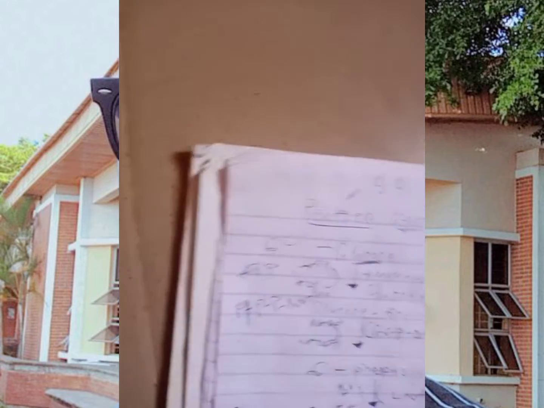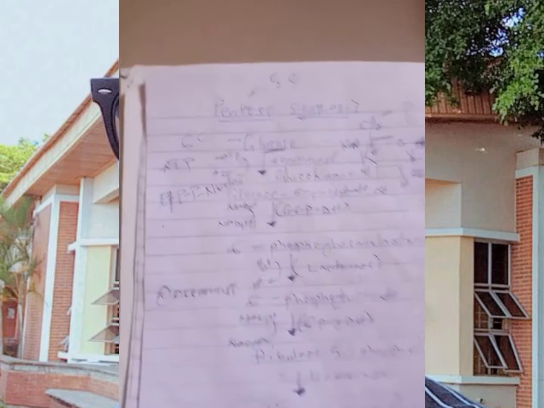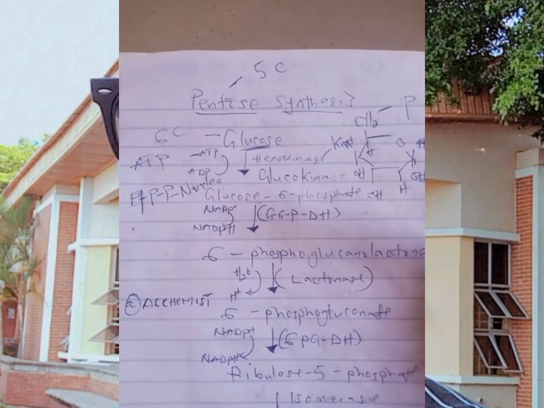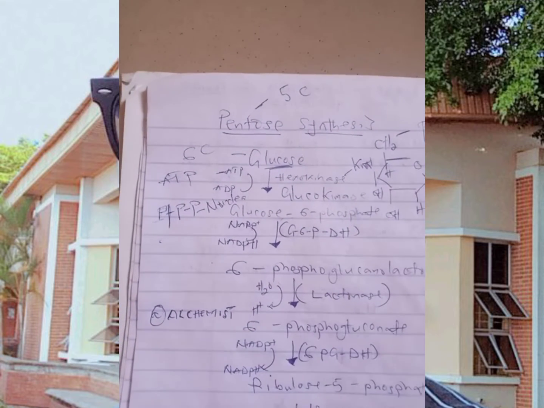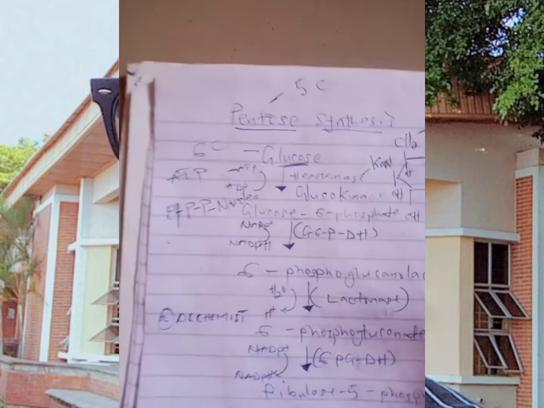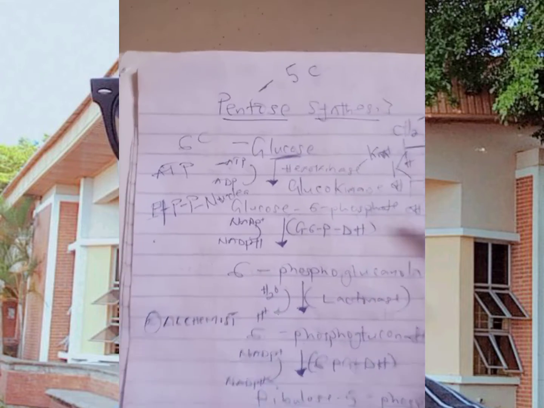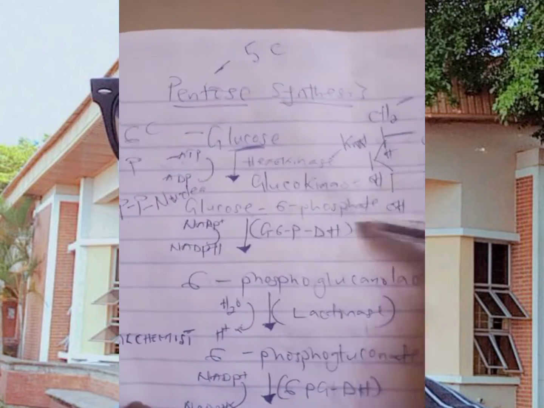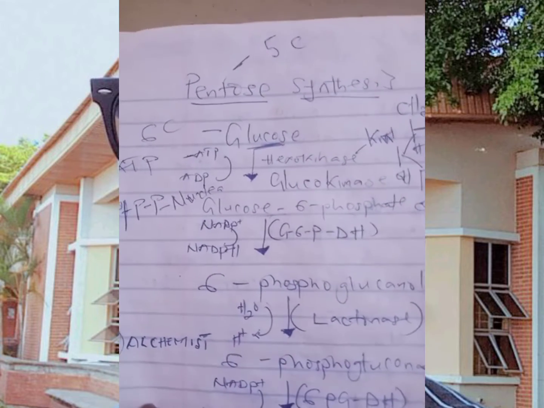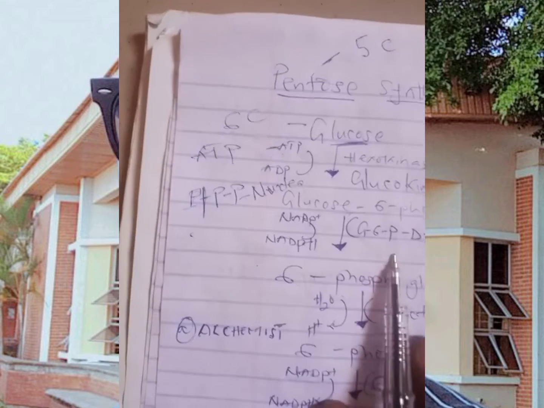Now having our glucose 6-phosphate, if we remember the pathway of glycolysis, after this process we have an enzyme that catalyzes the next step to give us fructose 6-phosphate, which is an isomer. But that is not where we are going today.